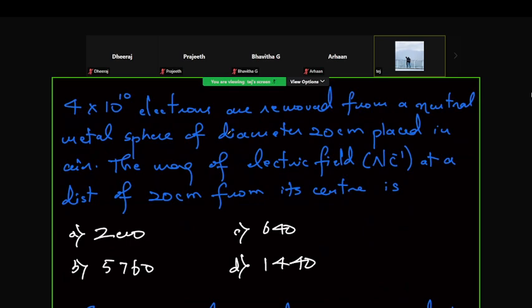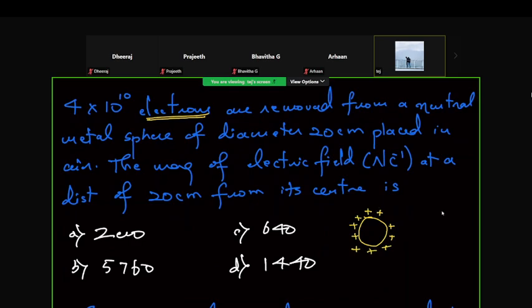We'll solve. It says some amount of electrons are removed from a neutral sphere. Let's think from a perspective where neutral means an equal number of positive and negative charges are there. Now, the moment you take off electrons, meaning negative charge, if you take off negativity from a neutral thing, it obviously becomes more positive. If you ask how much positive, that depends on how many negative charges you take off.